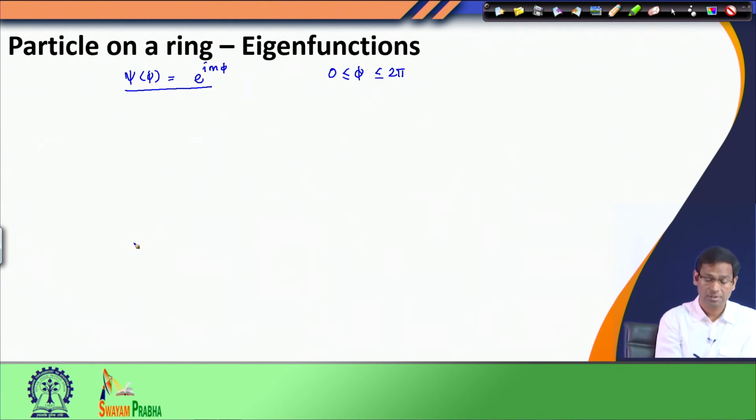We will see how we can normalize it. So, this is the integral of psi star of phi, psi of phi, d phi, and phi goes from 0 to 2 pi. So, psi is e to the power i m phi, the psi complex conjugate will become e to the power minus i m phi. So, e to the power minus i m phi times e to the power i m phi will become 1. So, I have simply d phi.